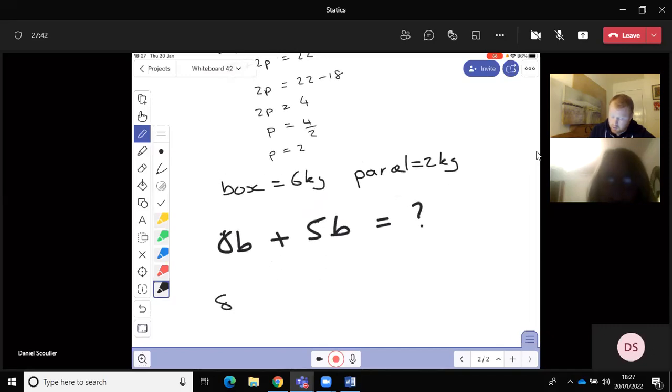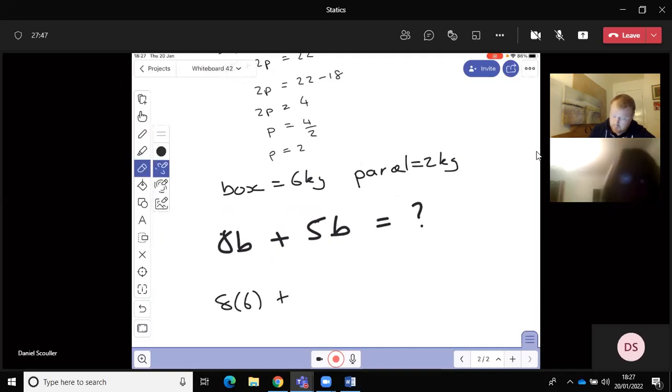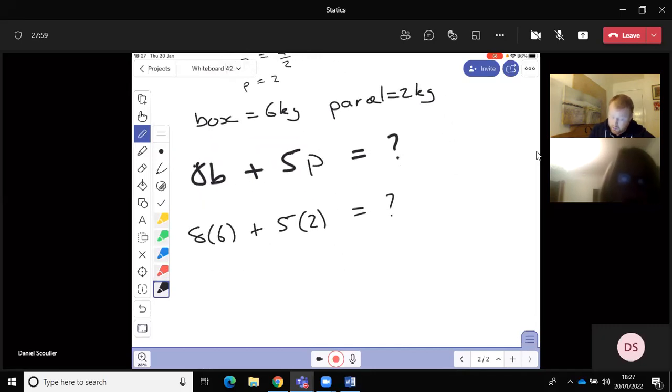So we've got 8 times 6 plus 5 times 2 equals unknown. 8 times 6 is 40. No, it's not, it's 48. Plus 10, that equals 58. So it should be 58 kilograms total.